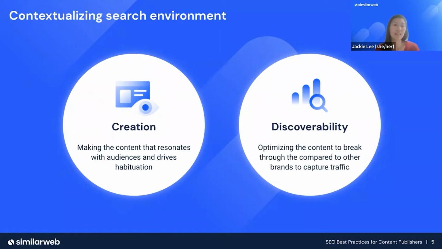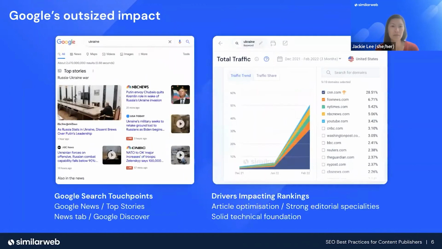But making great content is just part of the puzzle. Once that content is created, how do you make it discoverable to the folks that could find it interesting, that it could resonate with? That's where SEO really comes in. It's really optimizing the great stuff that's already being created so you can break through. It's really a way to capture that traffic.